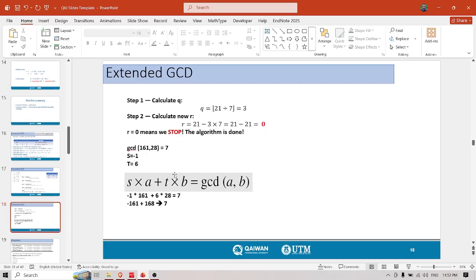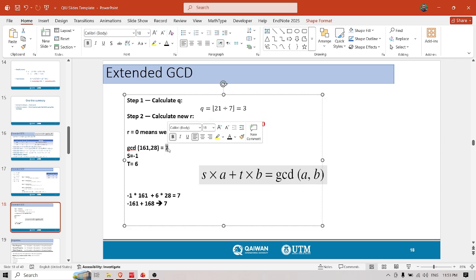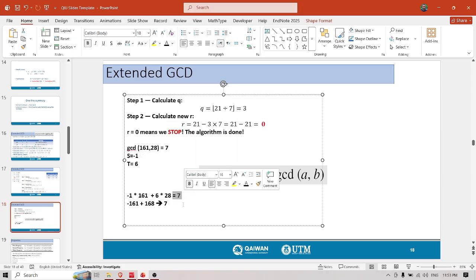And now we have S multiplied by A, in addition to T multiplied by B, will be equal to the GCD of A and B. We know that the GCD of A and B is 7. So let's take -1 and 6 to make sure that it will be 7. -1 multiplied by 161 would be -161.